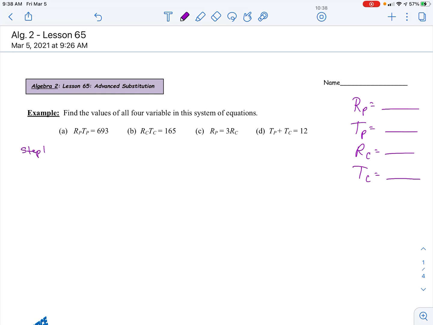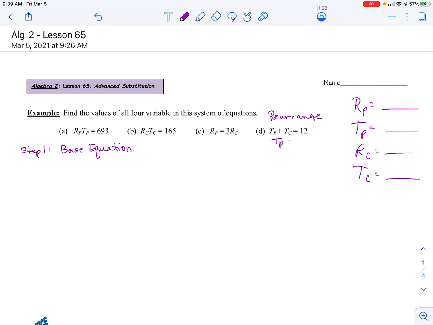Remember, step 1, what's your base equation? Identify that base equation based on the best method of substitution, okay? And actually, as I'm looking here, we do need to make a rearrangement up here. So before we find that base equation, let's rearrange letter D so that we can have this set equal to a variable.